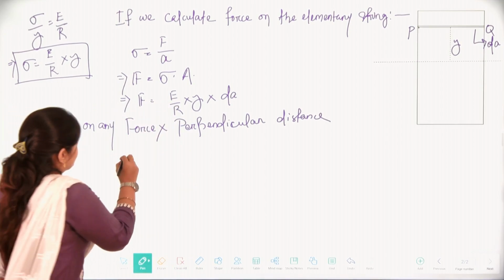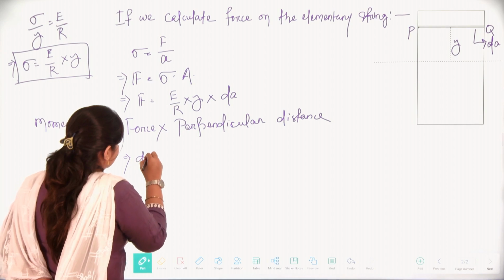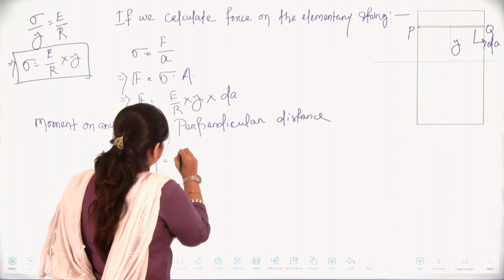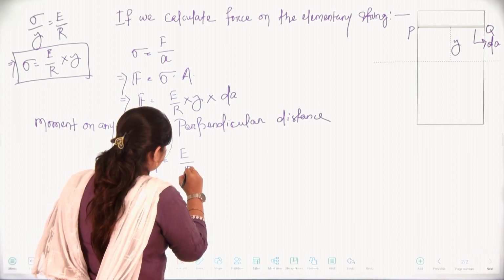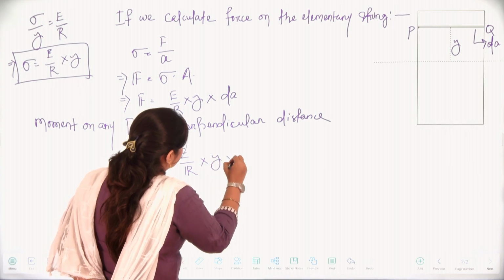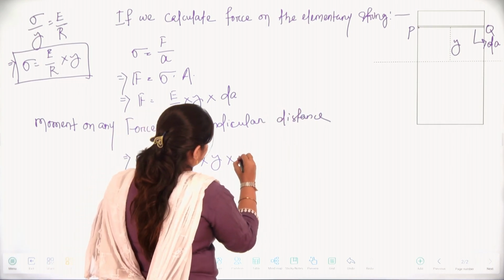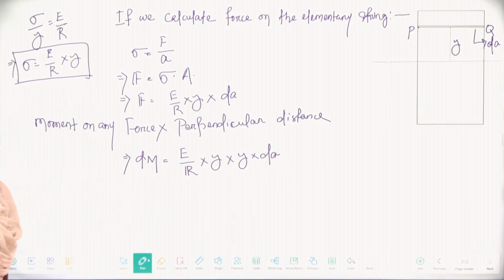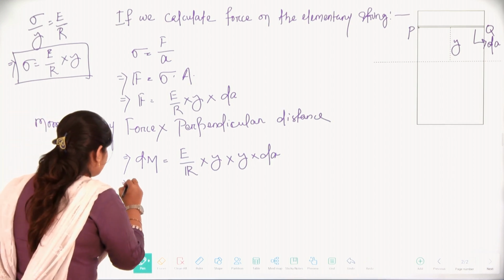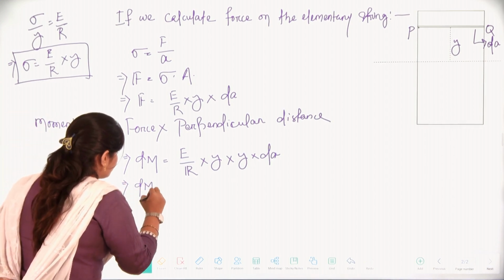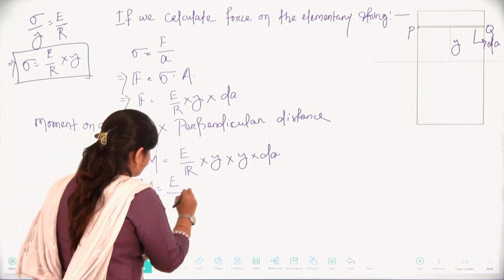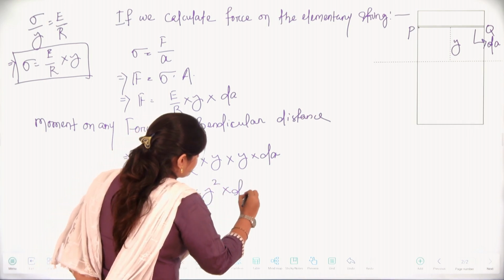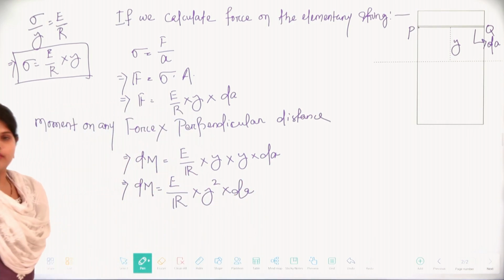So we can write dM equals E by R into y into, again, the perpendicular distance, into dA. Now dM will become E by R multiplied by y square into dA.